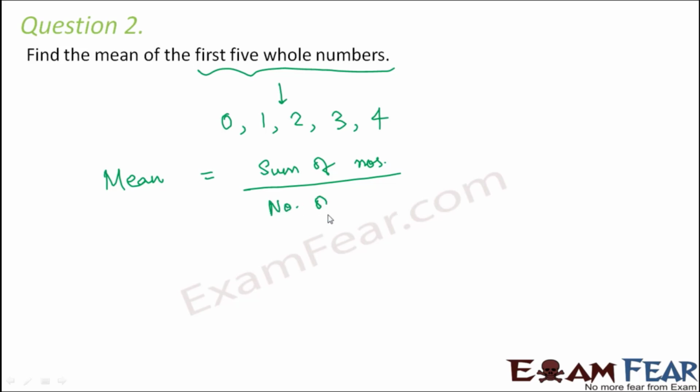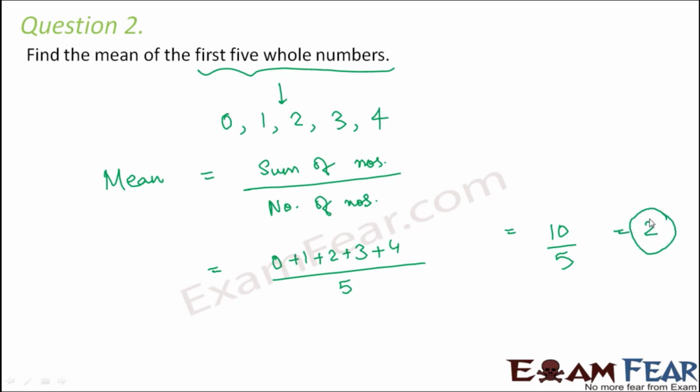So that is 0 plus 1 plus 2 plus 3 plus 4, divided by how many numbers you have: 1, 2, 3, 4, 5. So divided by 5. This is equal to 10 divided by 5, which is equal to 2. So the mean of the first 5 whole numbers would be 2.